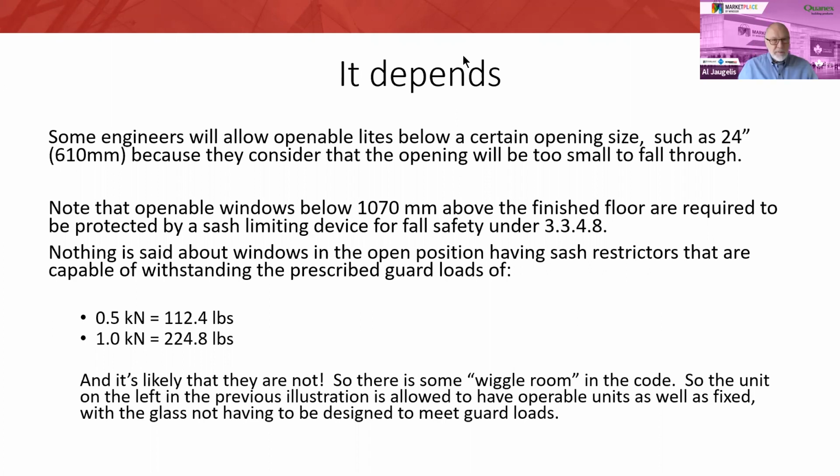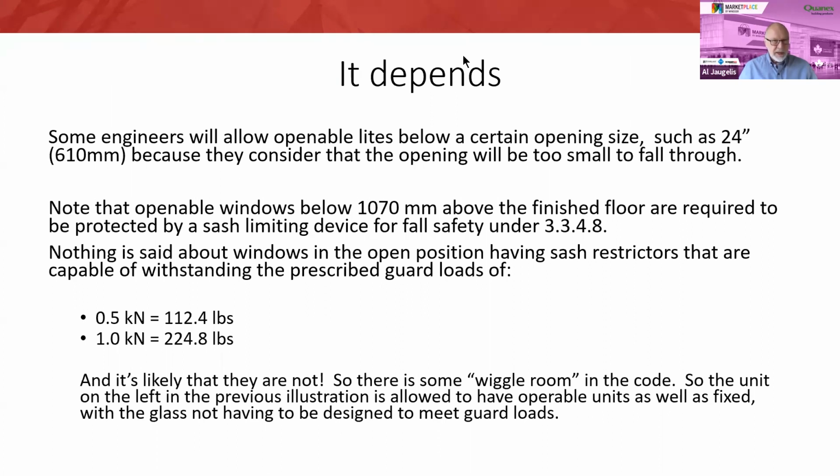And now, second part of John's question, in a public area or residential suite, might be that in part 9, it talks about public areas, that windows are subject to guard load in a public area. And so his question is, what about a residential suite?